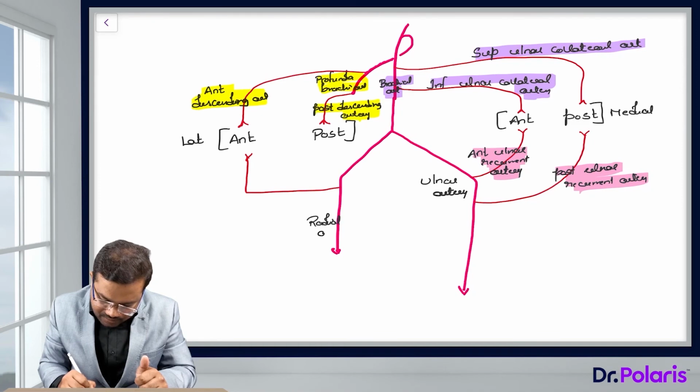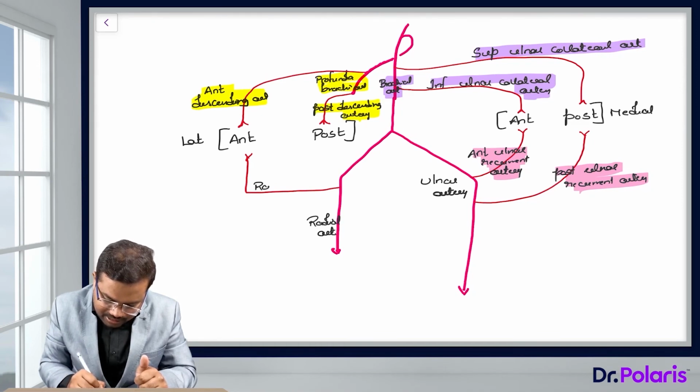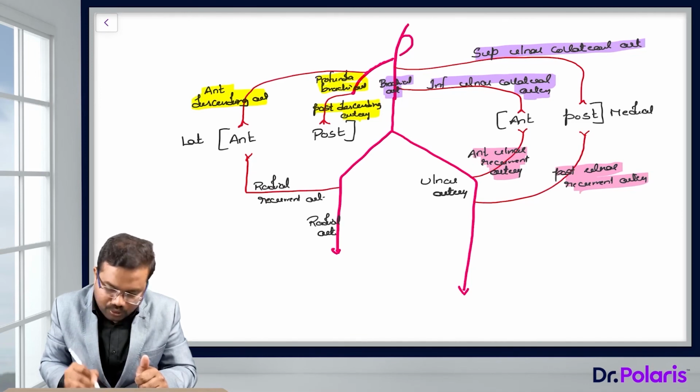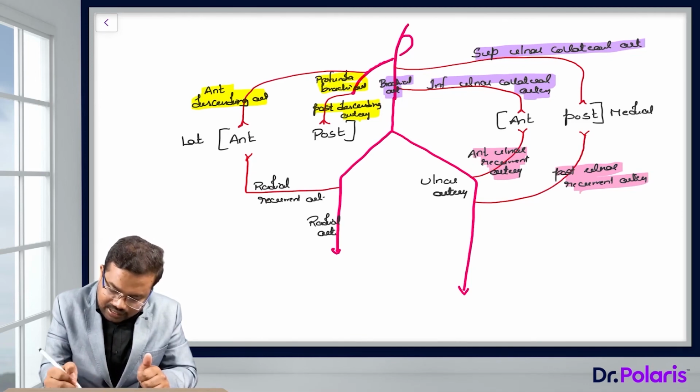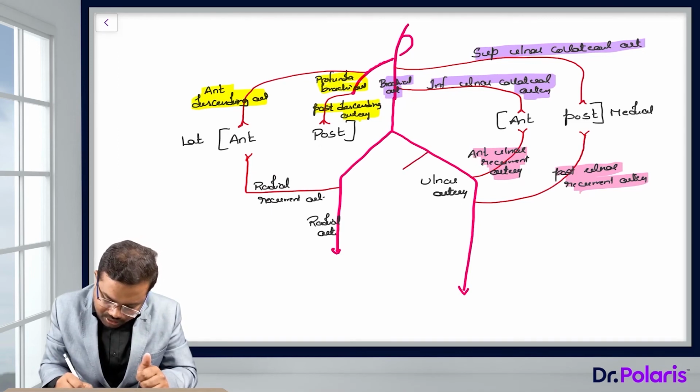The radial artery gives a branch called the radial recurrent artery, whereas the ulnar artery gives another branch called the common interosseous artery, which divides into the anterior interosseous artery and also the posterior interosseous artery.